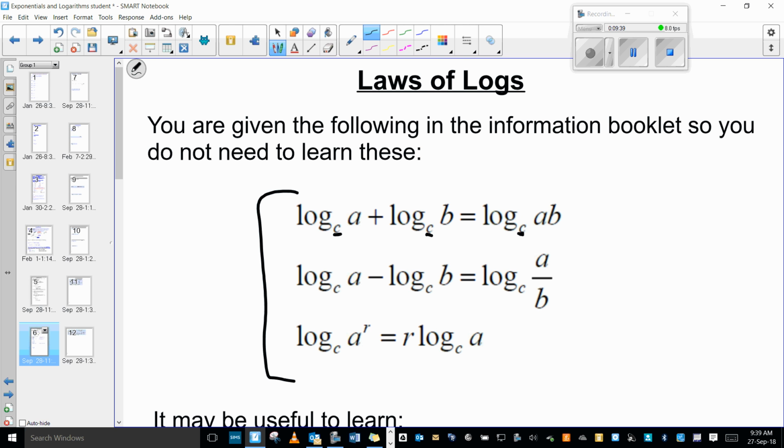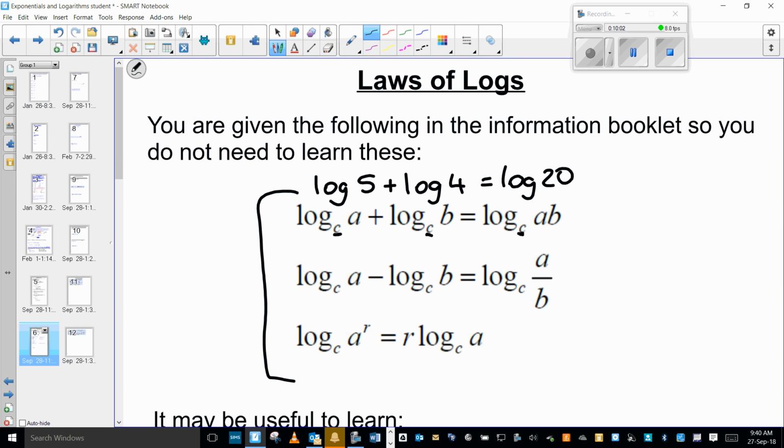Okay? So for example, if I had log, and I'm not going to write a base so I know it's 10, if I had log 5 plus log 4, what would I say that was equal to? Log 20. Yes? Because I multiply my A and my B.